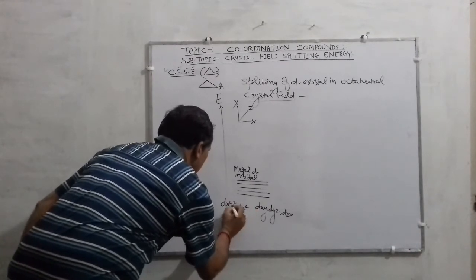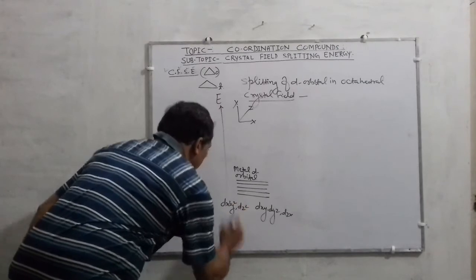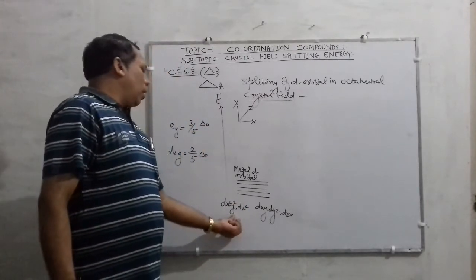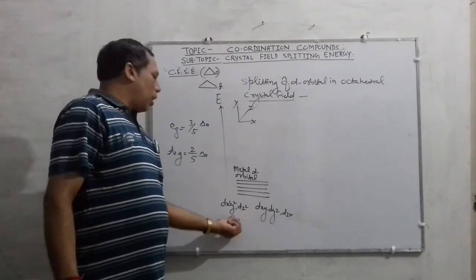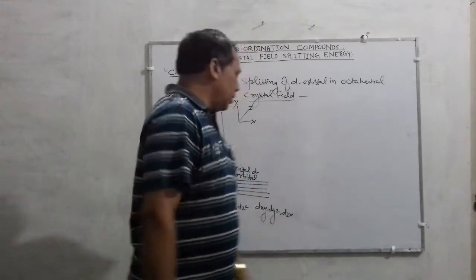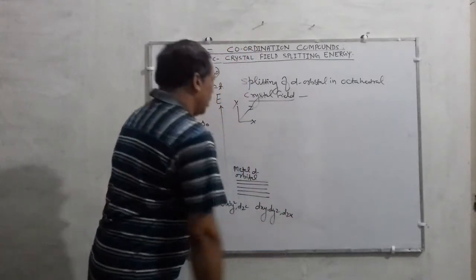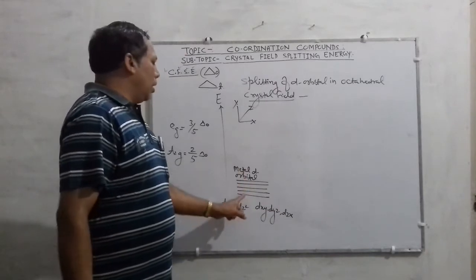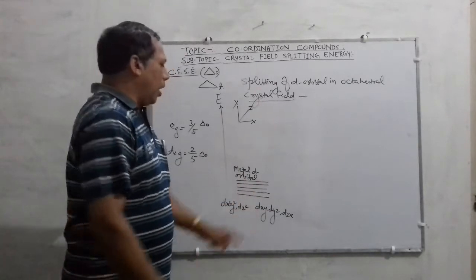These two orbitals are of somewhat higher energy, and dxy, dyz and dzx are of lower energy, and these five degenerate orbitals of the metal can be represented as follows.